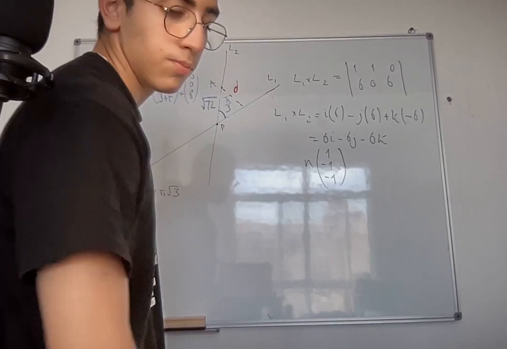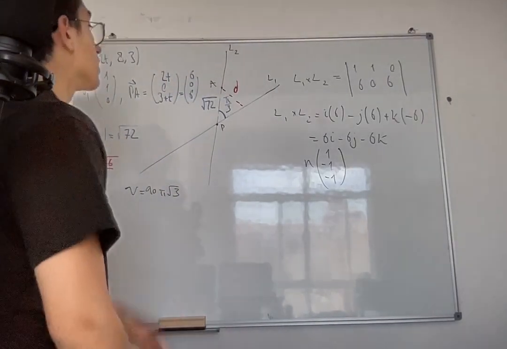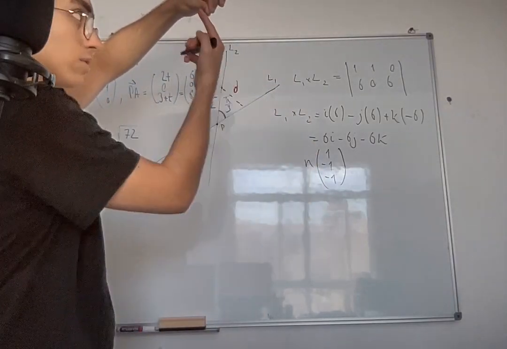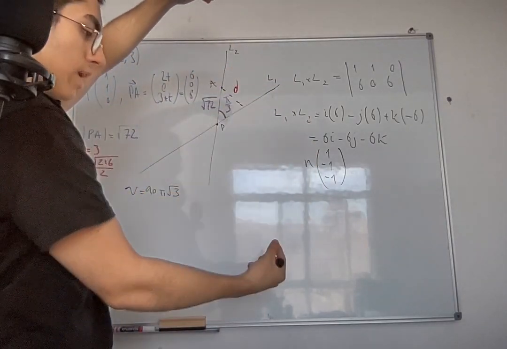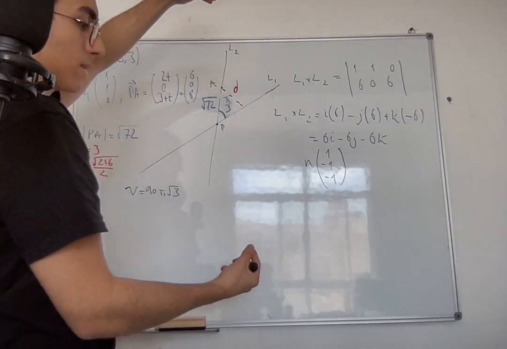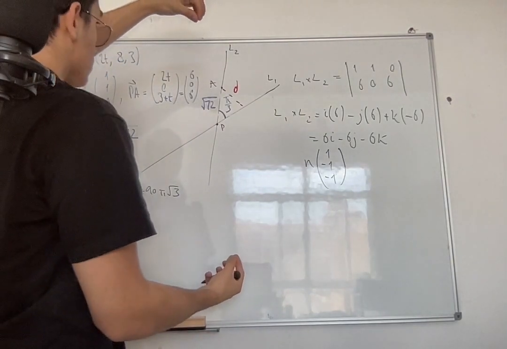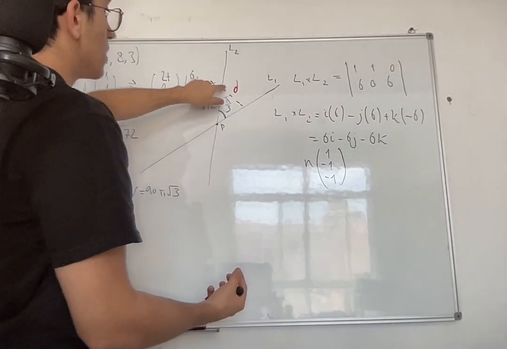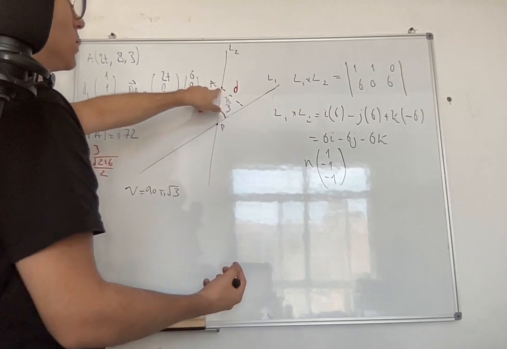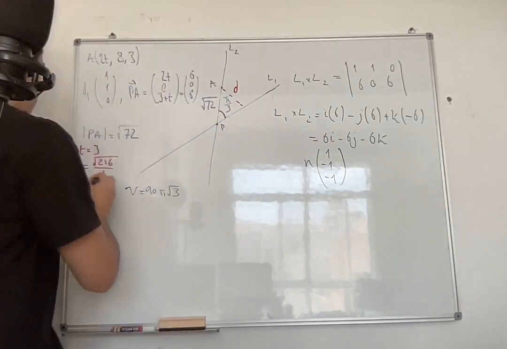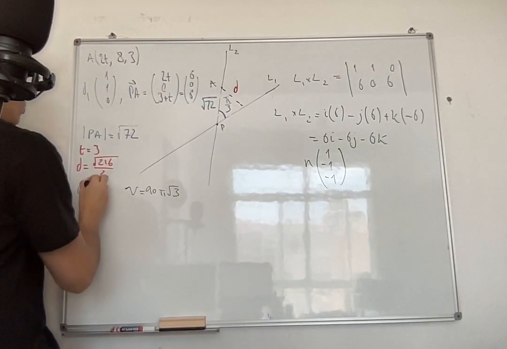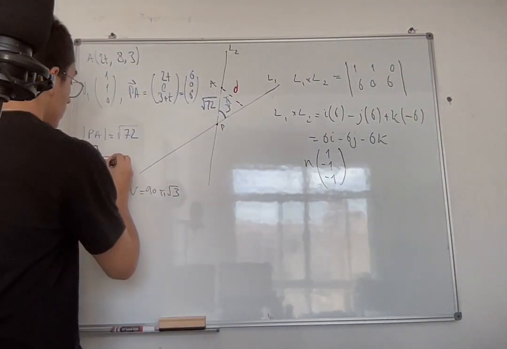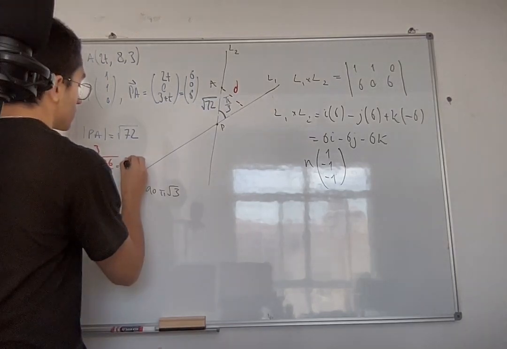Find the two possible positions of the vertex of the cone. So the vertex is the top part, right? Imagine this is your cone. We have point A, and we don't know its height. So let's first find its height, but we know its radius, it's tangent to L1. So the radius of the cone is equal to D, which I'm going to simplify as 3 radical 6.